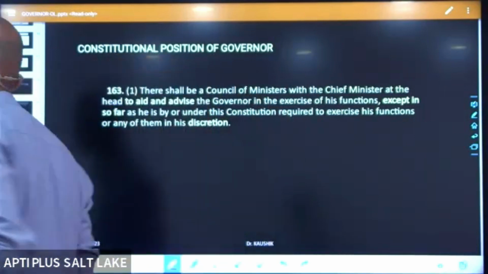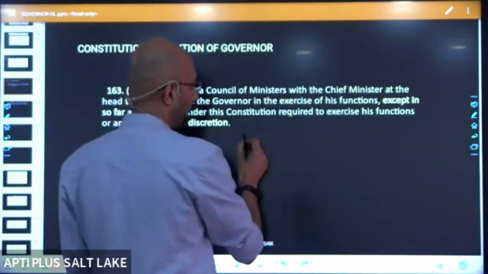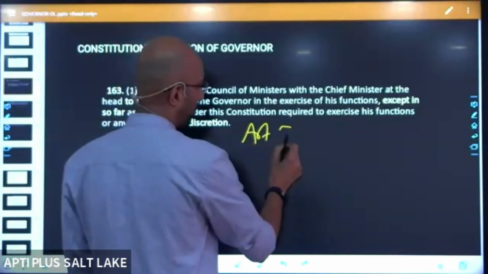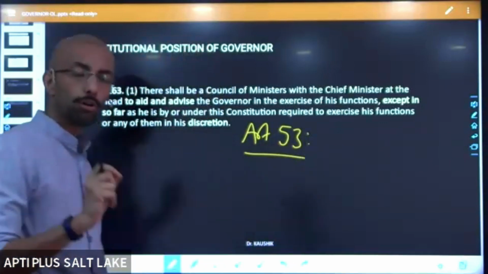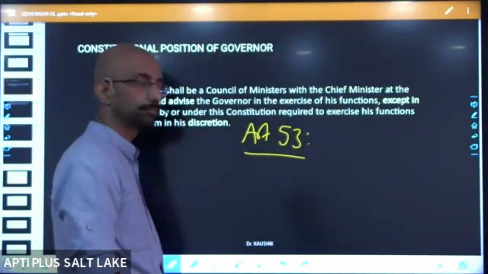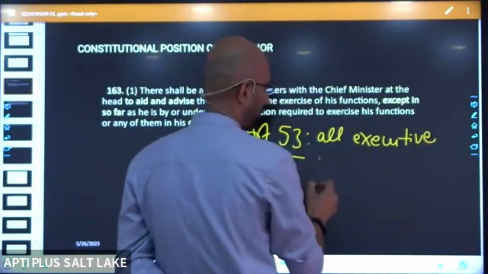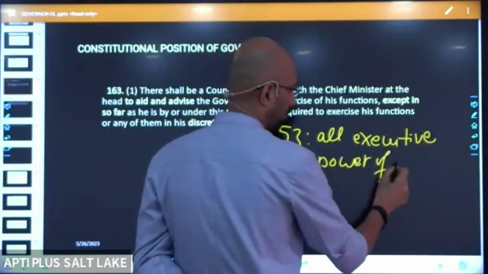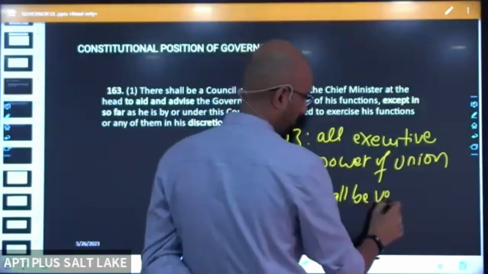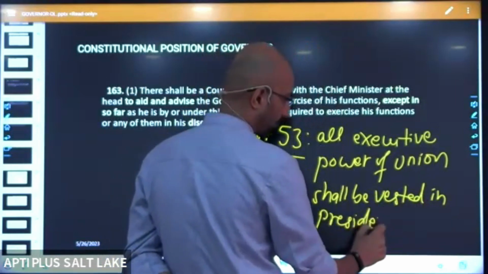So constitution says that, let us say if I first briefly discuss this topic in context of president, Article 53 would say that all executive power of union shall be vested in the president.